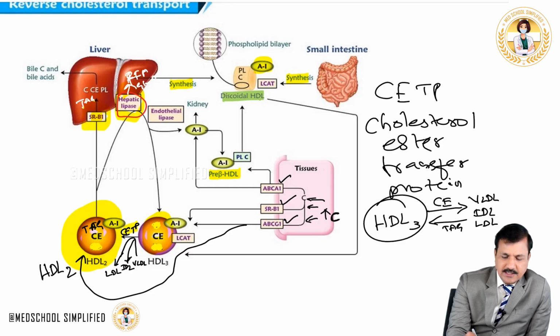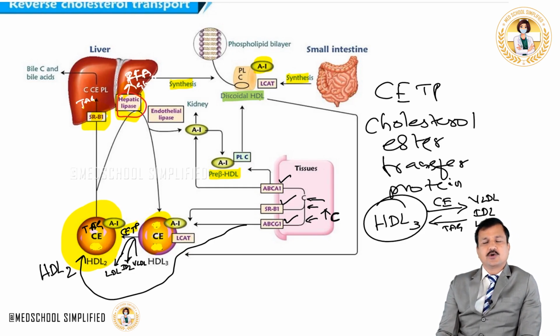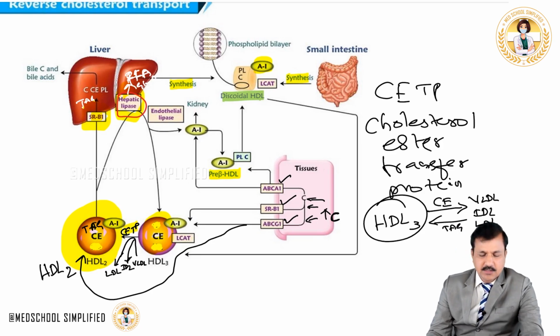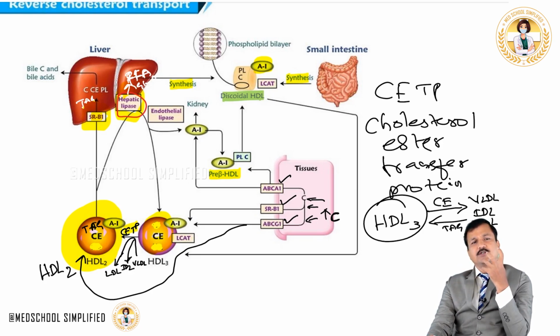So free fatty acid and glycerol enter into the liver, and the rest of the molecule will be released back into the circulation as HDL3. So overall, hepatic lipase is going to convert HDL2 into HDL3, whereas SRB1 takes HDL2 into the liver.